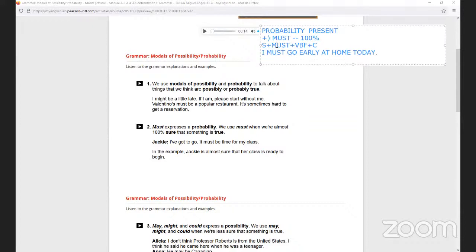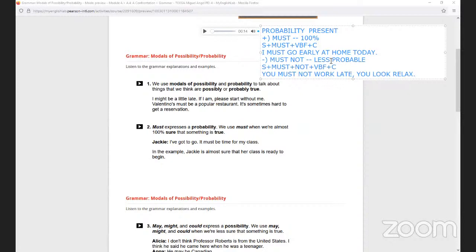But what happens if I want to use the negative, must not? It means that this is not probable. This is less probable, for example, when we are not really certain about something. So we use subject, must, not, the verb in base form, and the complement. For example, you must not work late. You look, I don't know, relaxed, for example.